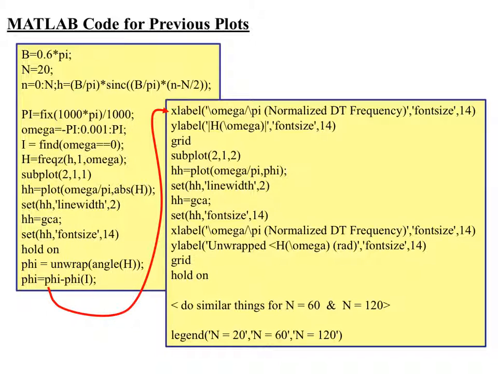Okay, so we continue on here. The next thing that I do, this is just for later, is I find a value. There's a nice command called find, and then you put in some condition that you're looking for. So I take my omega vector and I say find the values of omega that are exactly equal to 0. Equal assigns something, double equal checks. So the command inside the parentheses will be all zeros except for the one location where omega is actually equal to 0.